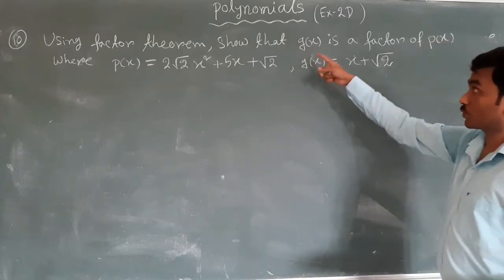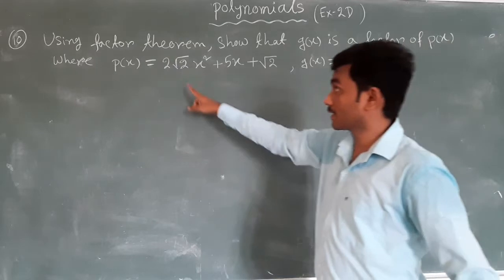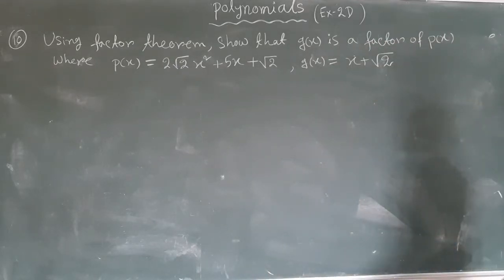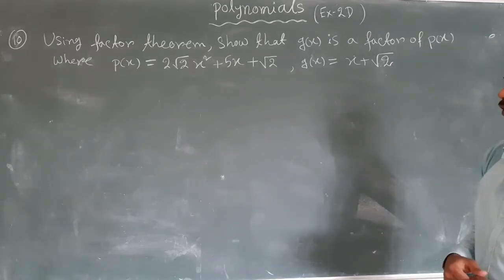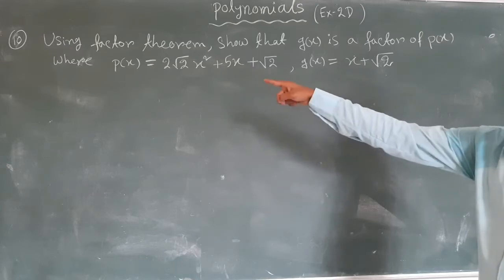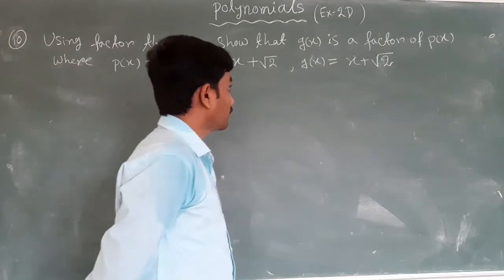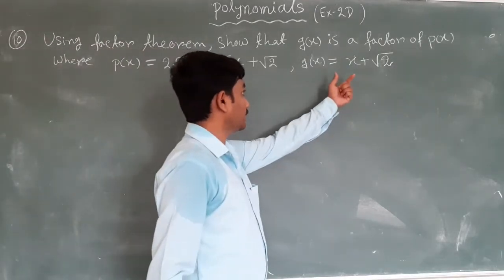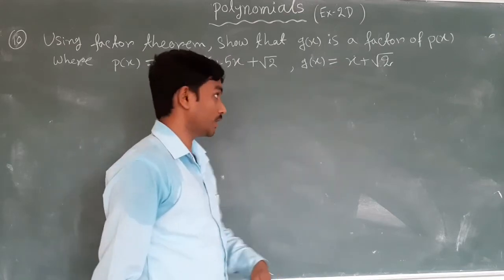Using the factor theorem, now we solve some questions. Using the factor theorem, show that g(x) is a factor of p(x), where p(x) is equal to this and g(x) is equal to this. So p(x) and g(x) are both given. First we find the zero of the polynomial g(x).